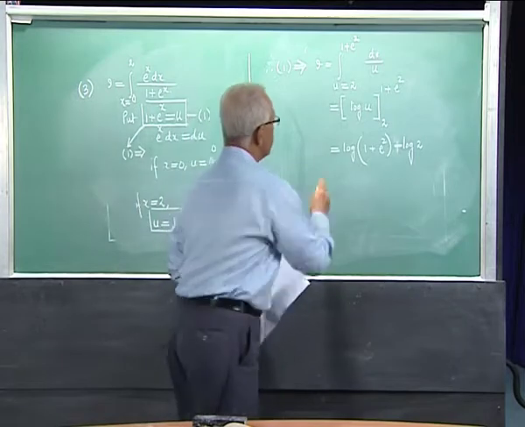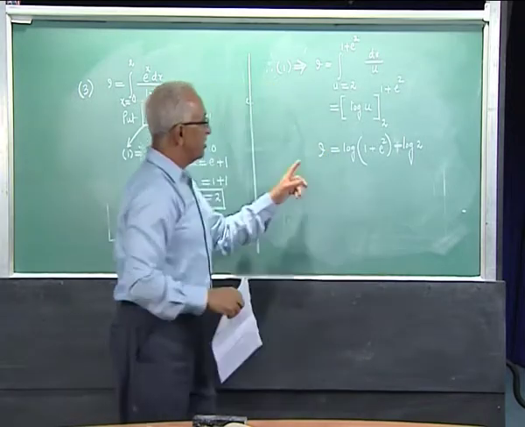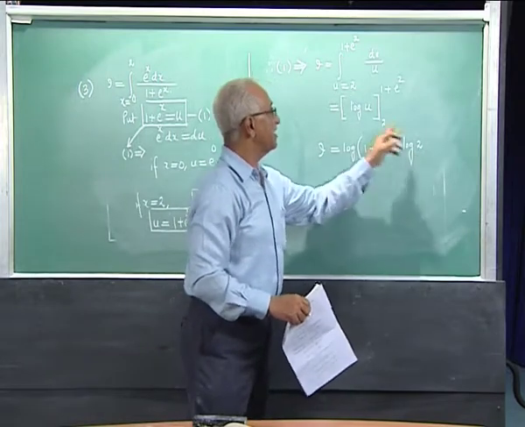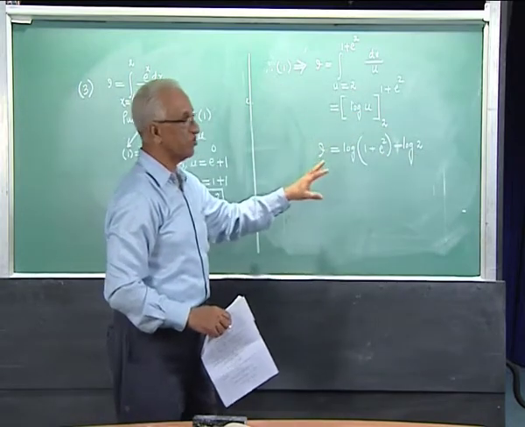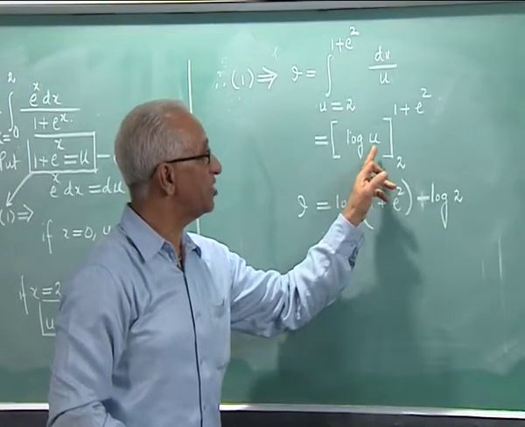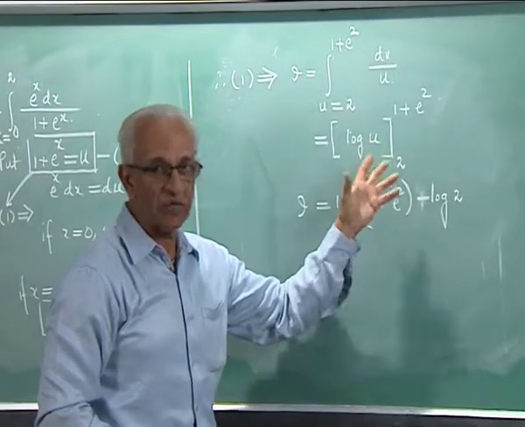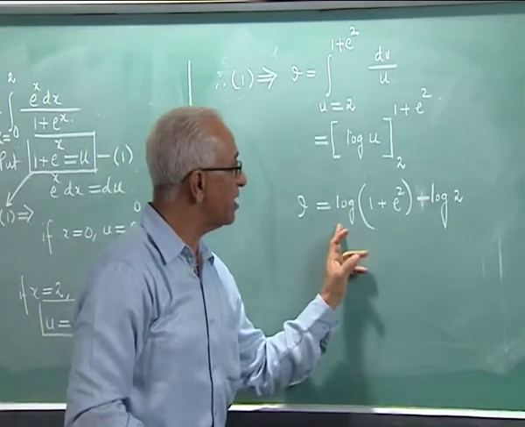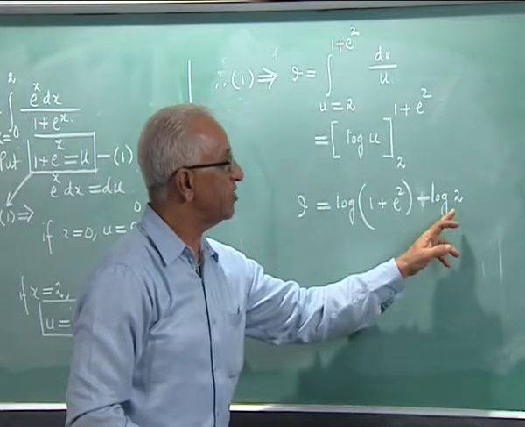One more difference between indefinite and definite integrals: in indefinite integrals, after substitution, we used to return back to the original variable by putting the value of u, v or theta, whatever we substituted for. But here we don't do so, and straightaway come to the constant value.